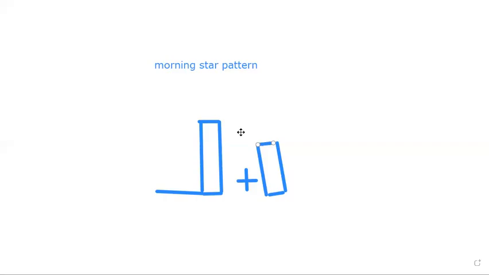Now, the opposite of the morning star pattern is what we call the evening star pattern. You can write that down, the evening star pattern. Are we together?